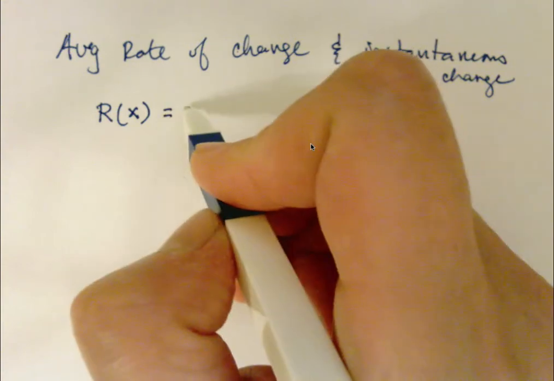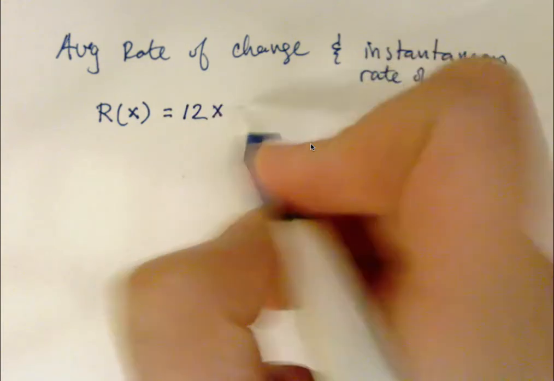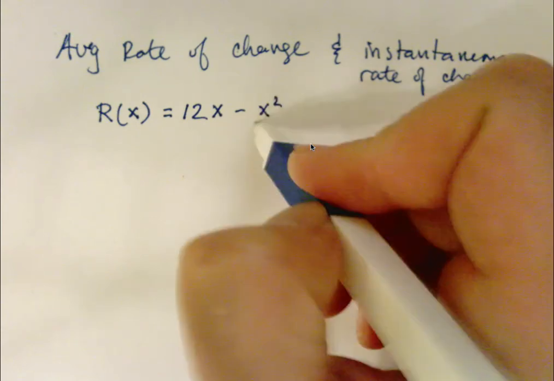Let's say that revenue was 12x minus x squared over 10.